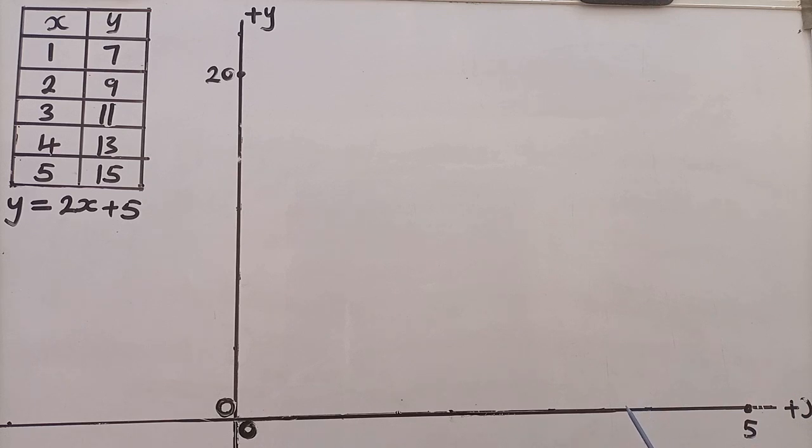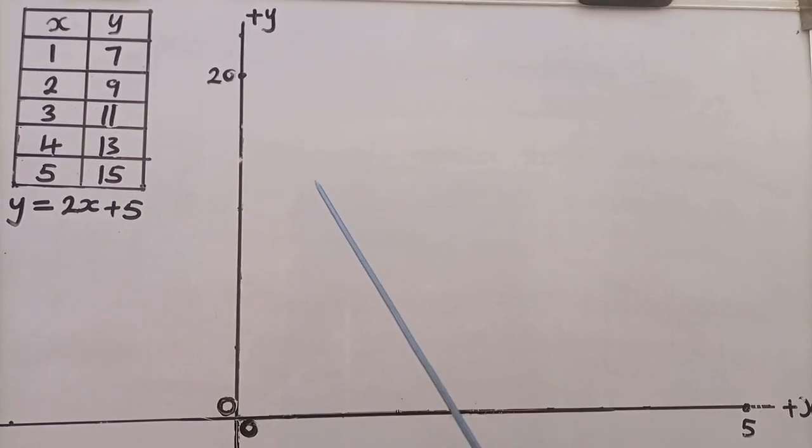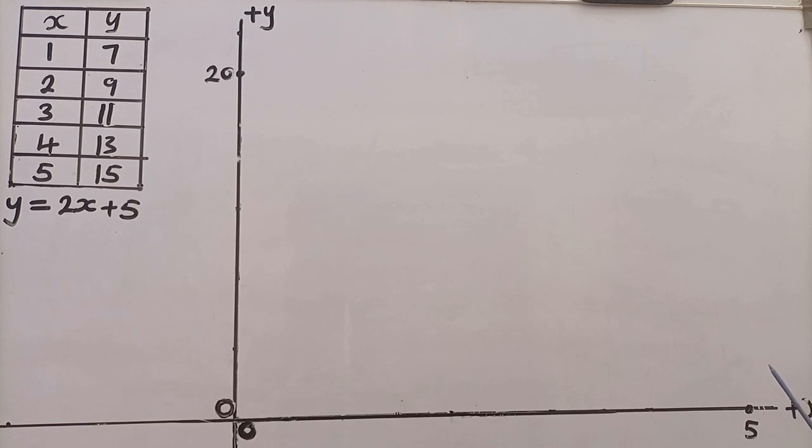I could as well have written the 5 here or here, anywhere else, but I chose to write my 5 at this point. Again, why 5? 5 because 5 is the highest value on the x column. So that is why the 5 is written here.